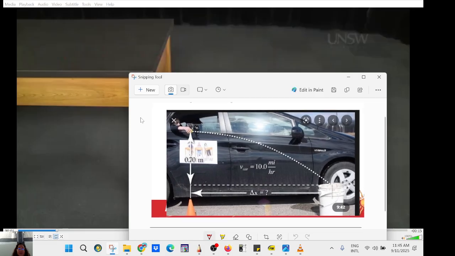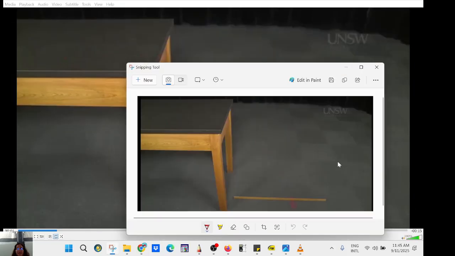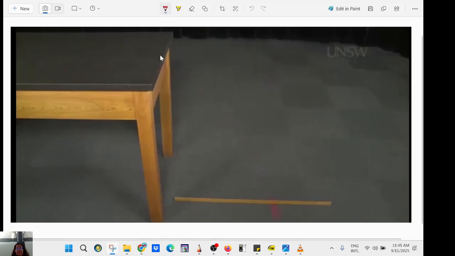So now it's going to be the same situation actually, right? You have the ball here. It's moving at a constant velocity because there is no friction. And then here it has an initial horizontal velocity.